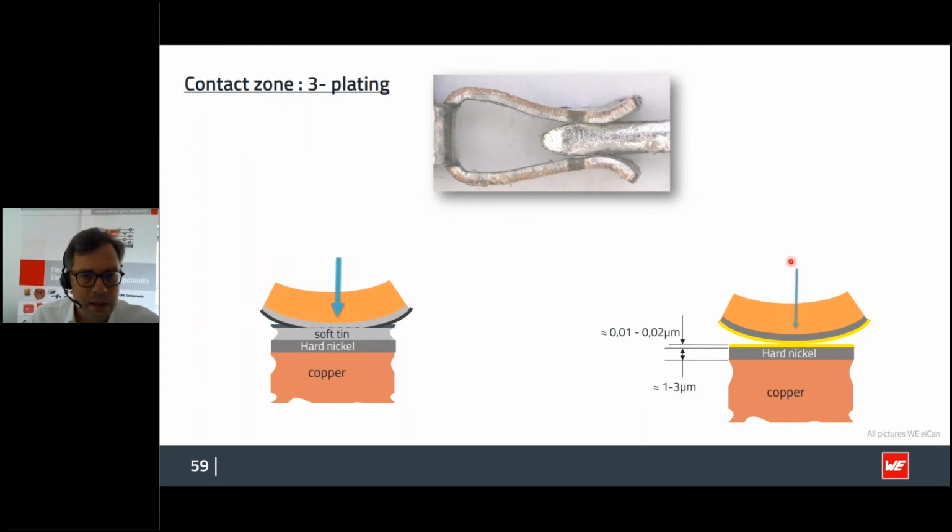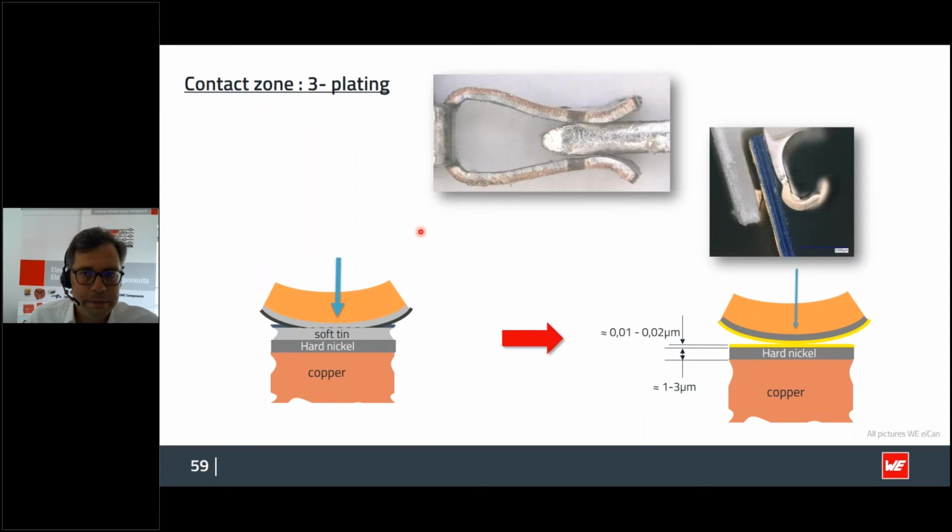You've got less contact normal force. That is also shown here by these blue arrows: less contact normal force for gold plating, higher contact normal force for tin, due to the fact that you want to create more A-spots between male and female part.